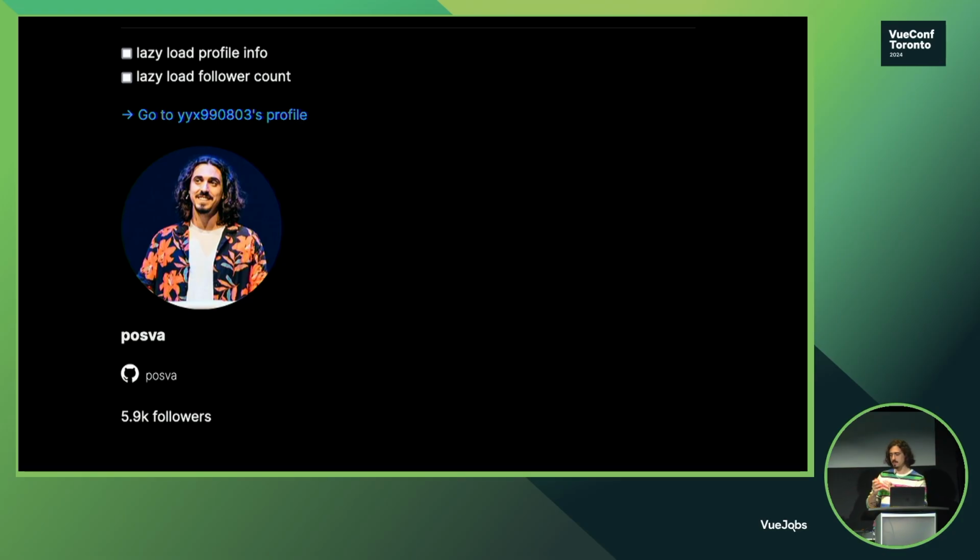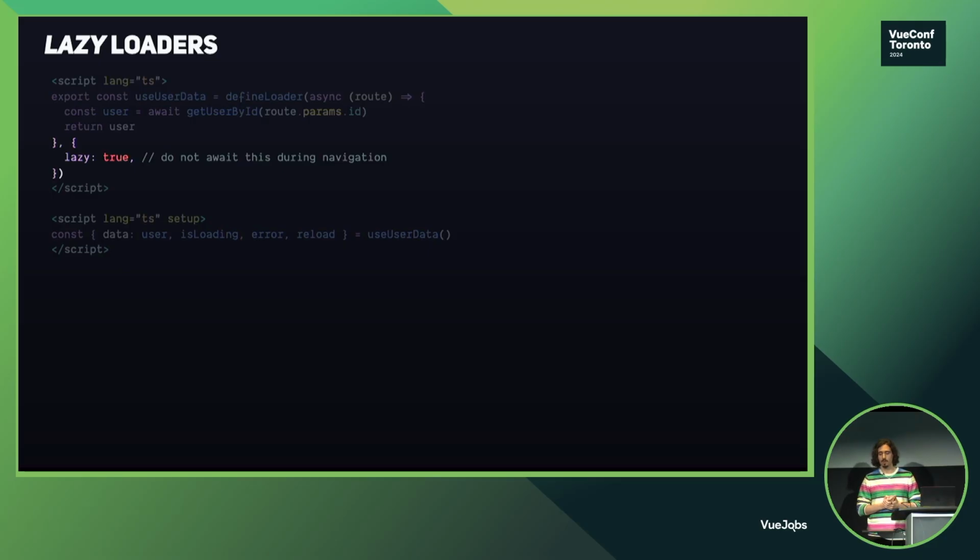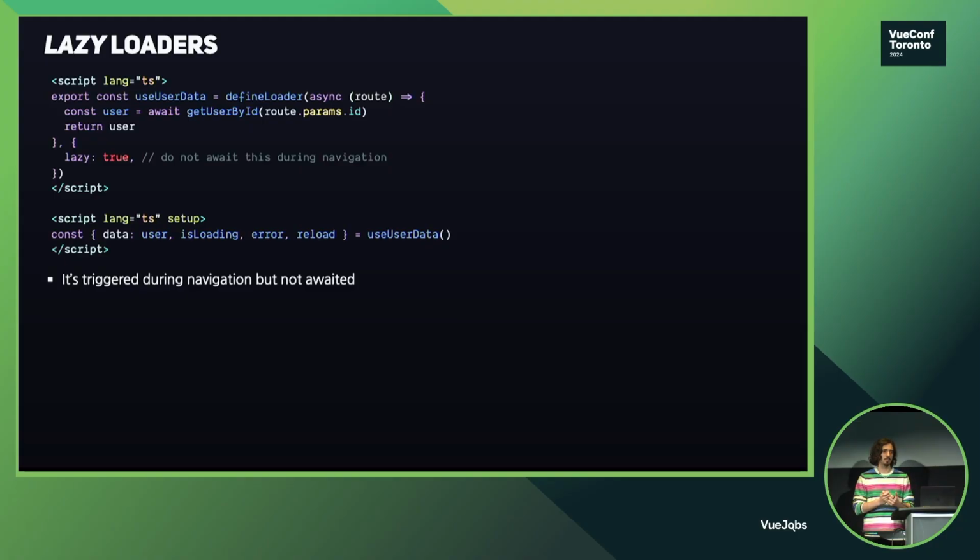But sometimes, especially with these kinds of scenarios, what if we don't want to wait for that very slow data to be there? This is where lazy loaders come into play. It's perfect for non-critical data. We just need to add lazy: true to the loader. And it has a few implications. First, a lazy loader is still triggered during the navigation, but it's not awaited, right? And because it's not awaited, it cannot change the navigation itself either.